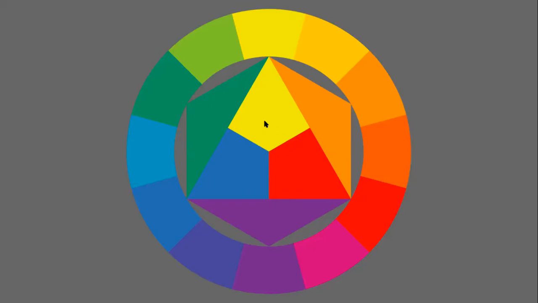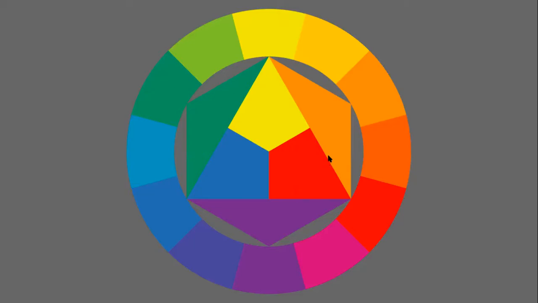So the color wheel shows us the primary colors, which in a way are the fundamental building blocks of all colors. The secondary colors, which are colors that can be mixed from the primaries, so orange, green, and violet. And then tertiary colors, so yellow-orange, yellow-green, green-blue, and so on.